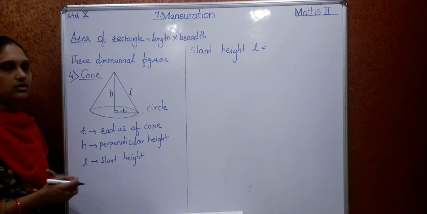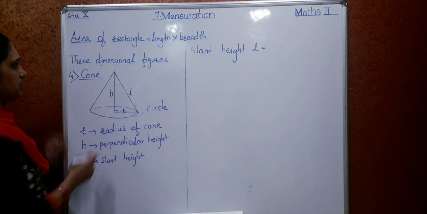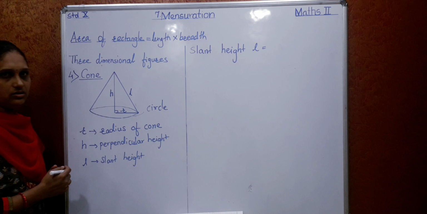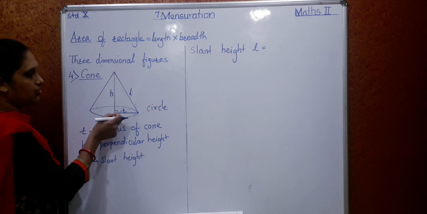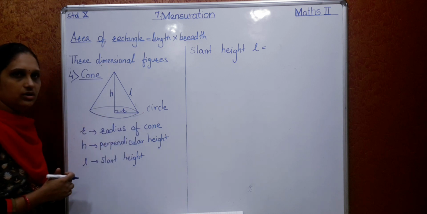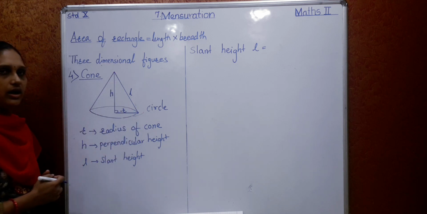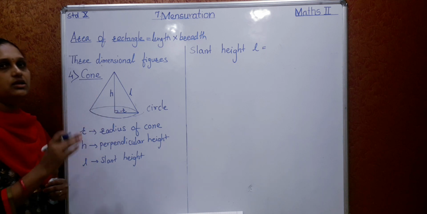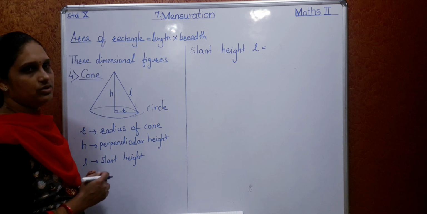Now let's start the derivation of the formulas one by one. Now if you see this cone, a right angle triangle. Why is it a right angle triangle? Because the perpendicular height is perpendicular to the radius. So this will be a right angle triangle, and you know that if a right angle triangle is given, we can apply the Pythagoras theorem. What is the Pythagoras theorem?